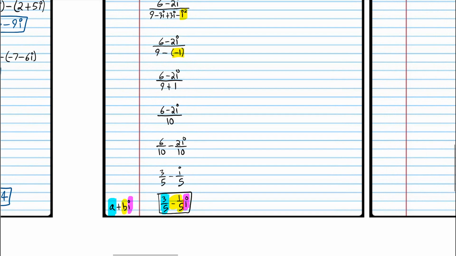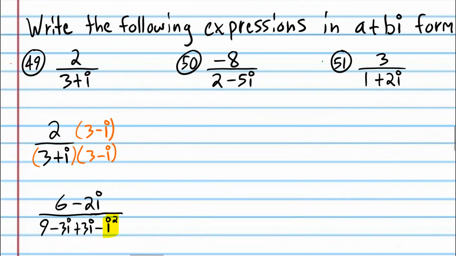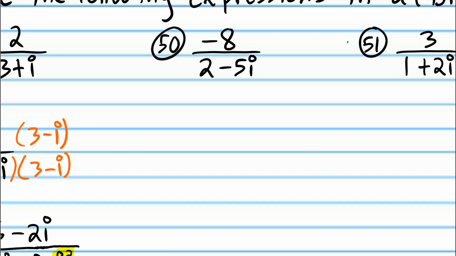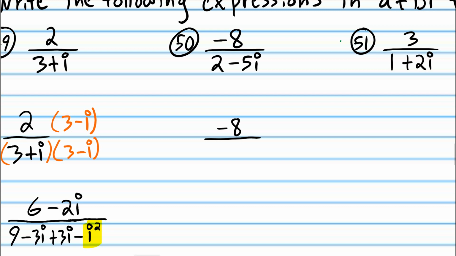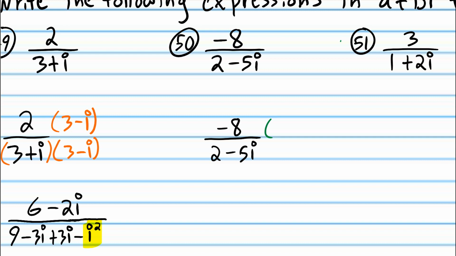All right. So let's try another one. Again, we're going to change this fraction to A plus BI form. We're going to use the fundamental principle of fractions, which tells us that we can multiply both sides by a number and the fraction retains its value.